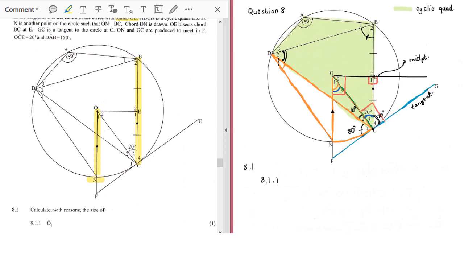We connected angle O1 to angle D1, okay? But then we don't actually know what angle D1 is, right? They're talking about here calculating the size of this angle, okay? Angle O1 is also connected to angle C3, right? And we connected those two by the alternate angles, okay?